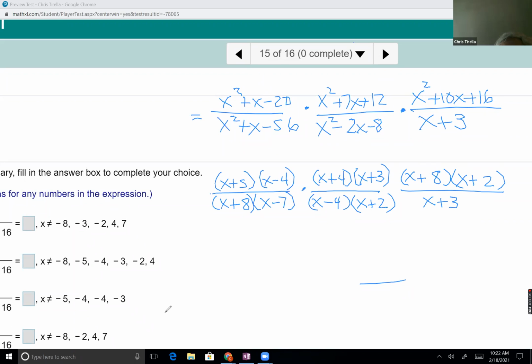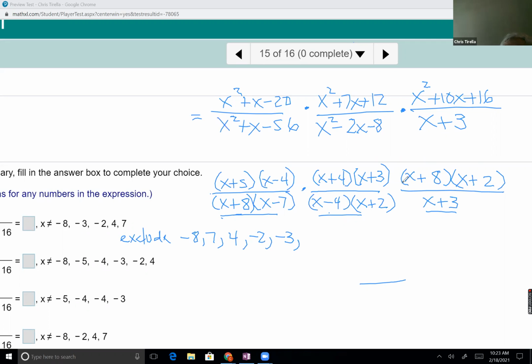Now, I guess before I start crossing out, I'm going to look at what to exclude. To exclude, I'm worried about what makes those denominators equal to 0. So I exclude -8, 7, 4, -2, -3.